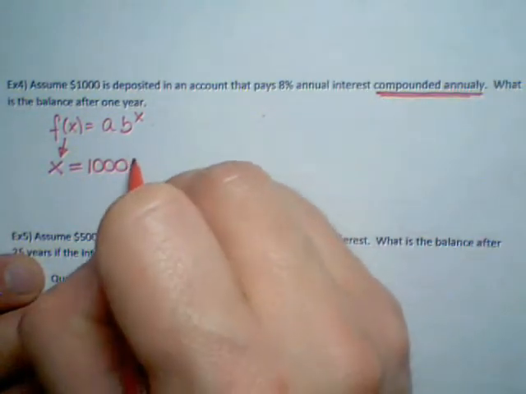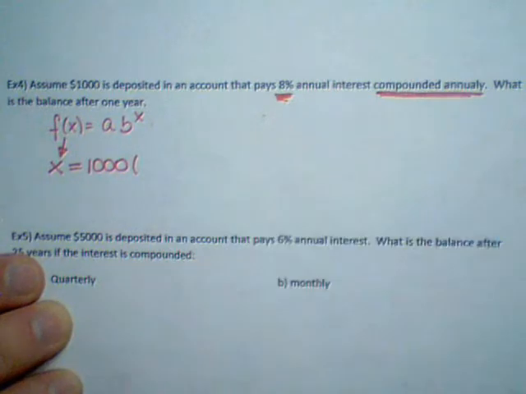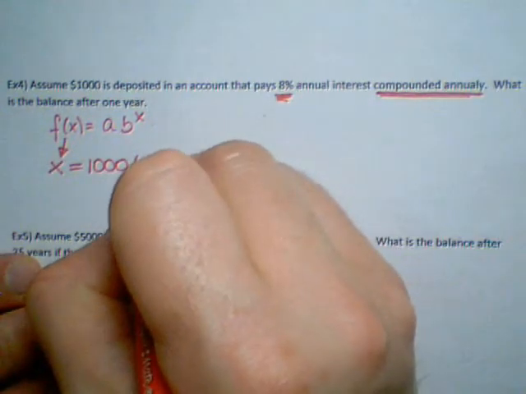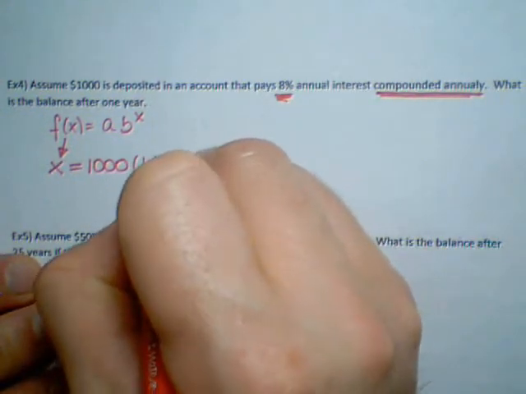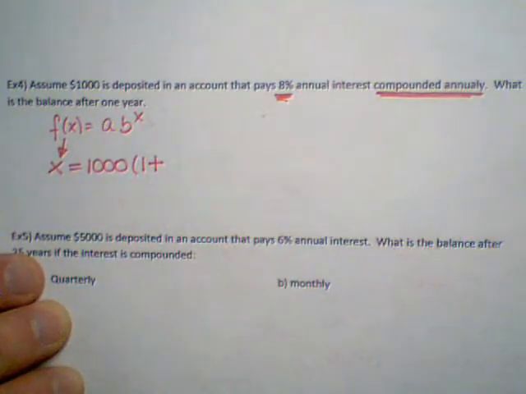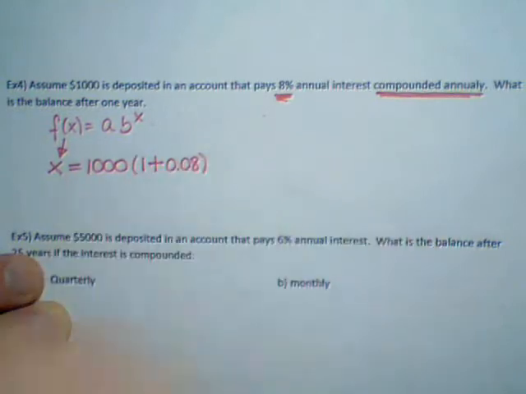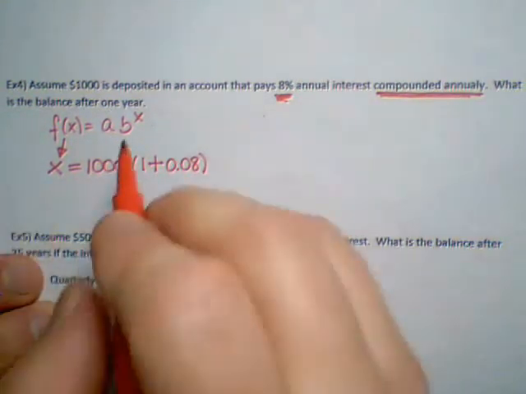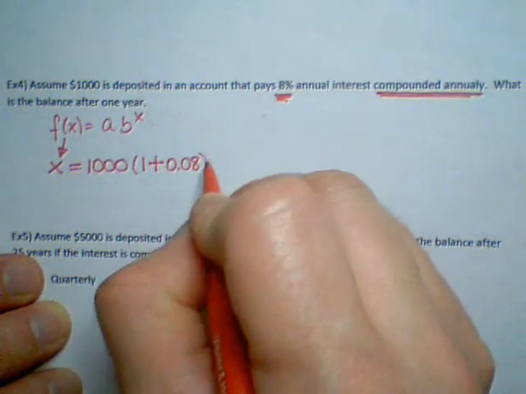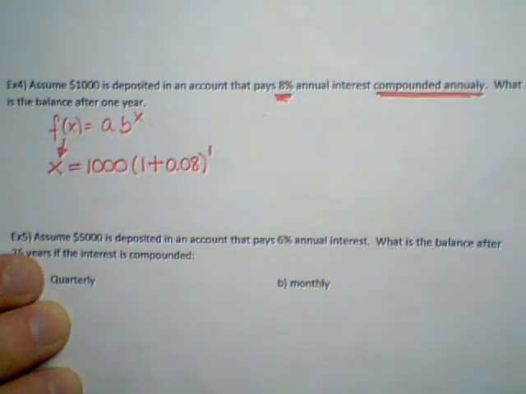And then, since I have a percentage, I'm going to put a 1. And because we hope our money is going to increase, we're going to add the percentage, which is 0.08. And in this problem, they give us the time, which is 1 year, so it goes right there.